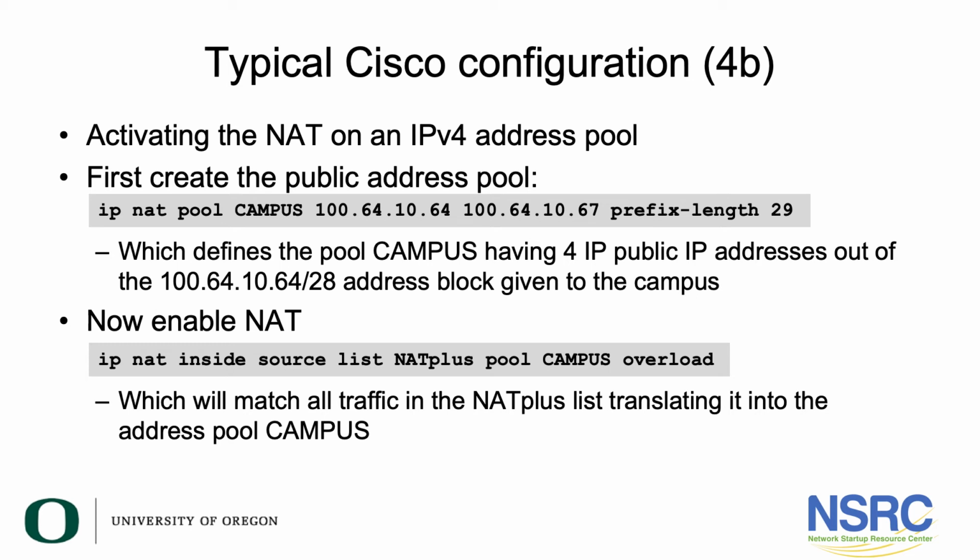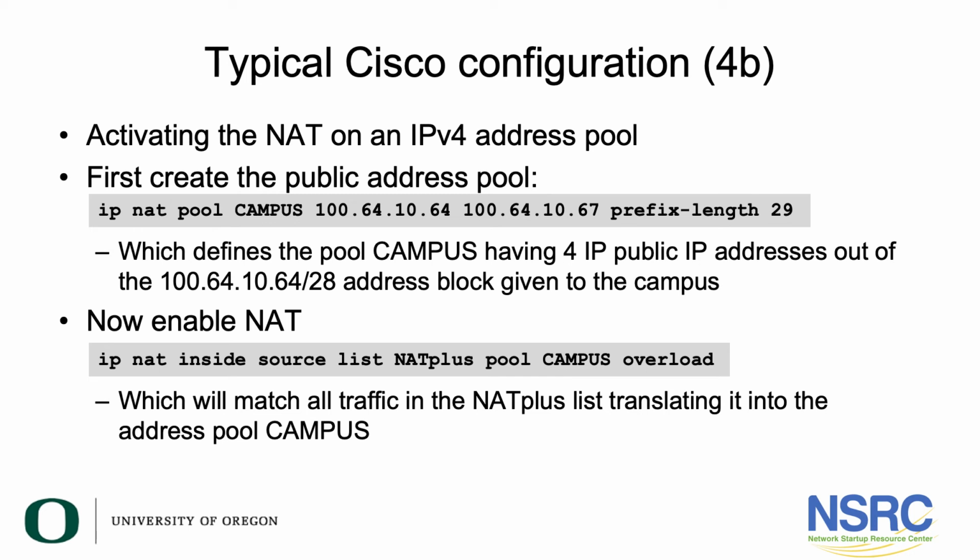So you're saying from 64 up to 67, and prefix length /29, so that internally it knows that this was a /29. Note that we are able to use the 64 address, which ordinarily would have been the network address. So we've defined that we are going to have 4 public IP addresses out of that range that was given to the campus.